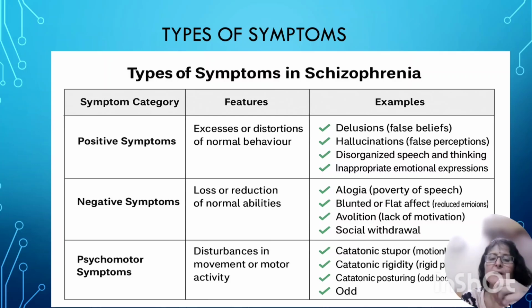Then you would also find one term in your book called neologism, that is, they invent their own words or phrases, which have no meaning. Then you would also see that they hold on to some thoughts and keep repeating that thought. That is called perseveration.